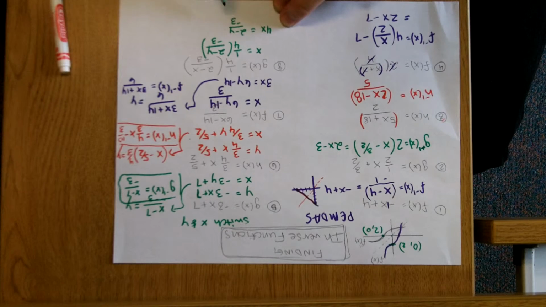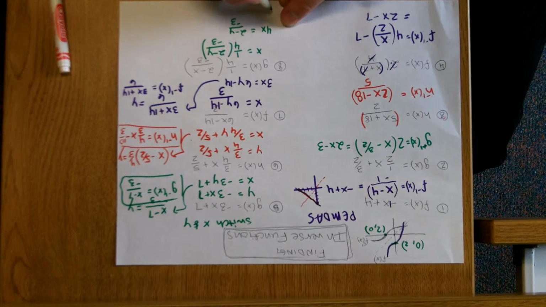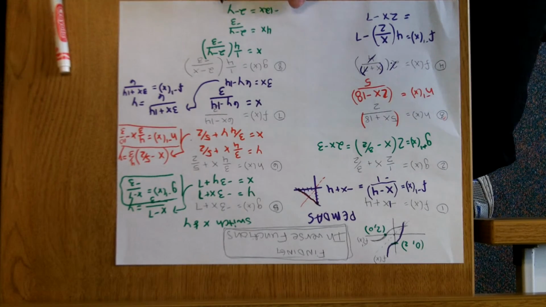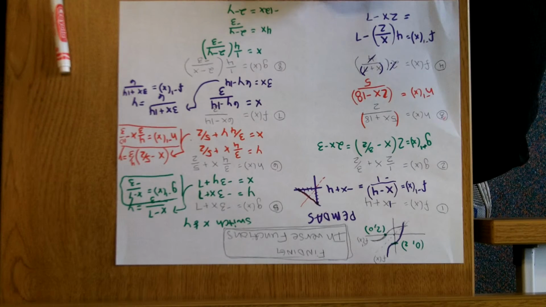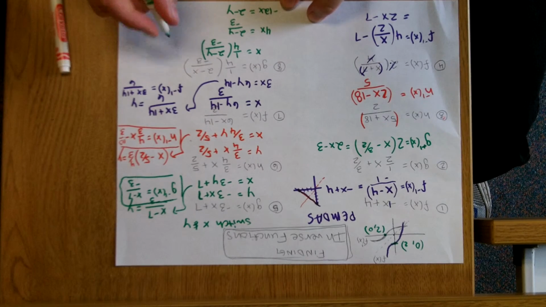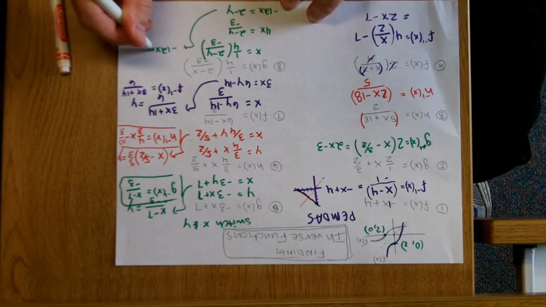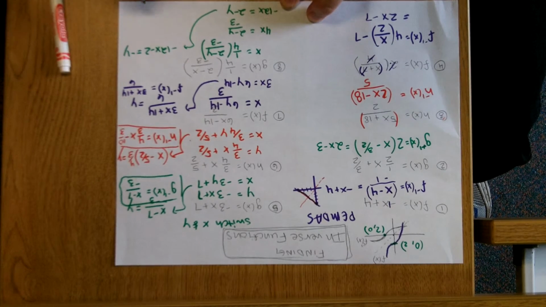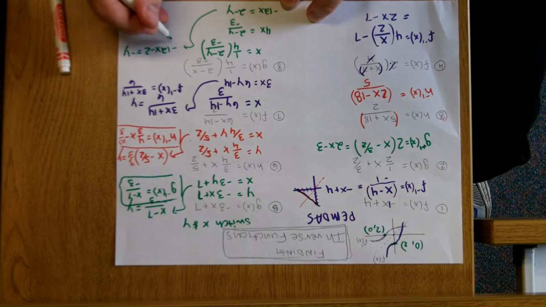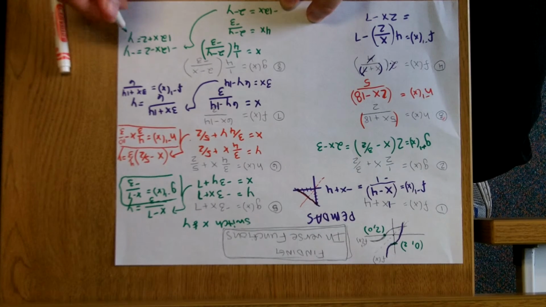So I'm going to multiply by negative 3 to both sides, so I have negative 12x equals 2 minus y. I can now subtract the 2 over, which is one way to do it. There's another way to do it. So subtract the 2 over, then you have negative y, and then divide everything by negative 1 to get y by itself, so we have 12x plus 2 equals y.